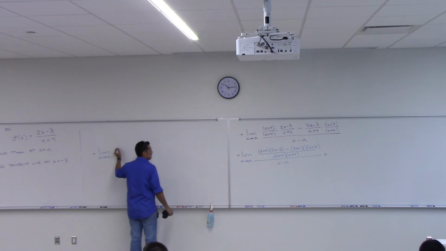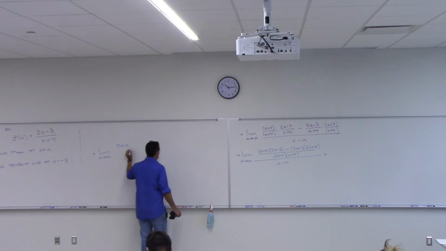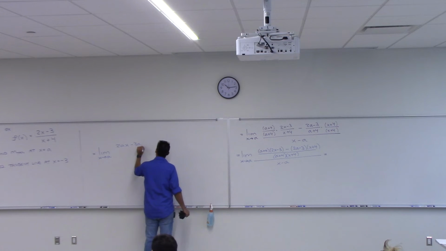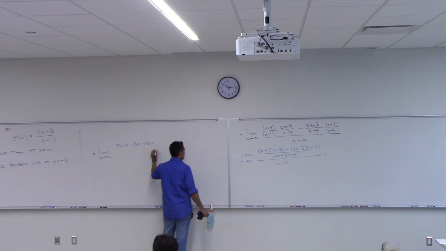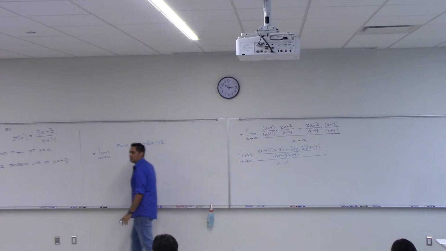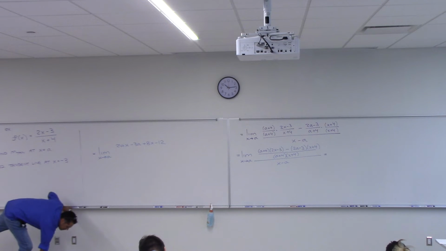So read it out to me, somebody. First term? 2ax. Next term? Minus 3a. Next term? Plus 8x. Next? Minus 12. Okay, that's your first foiling out of the top left, right?